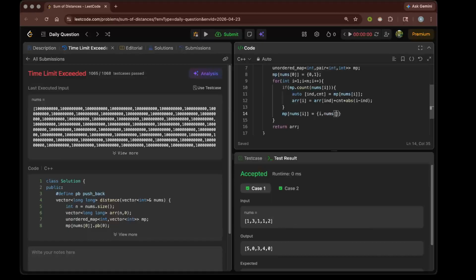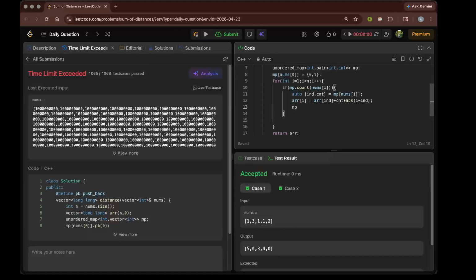Okay, so we need the previous. If it is not found, we should push it here. Plus one.